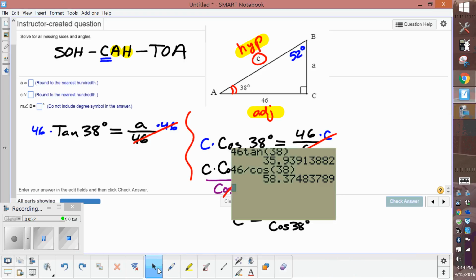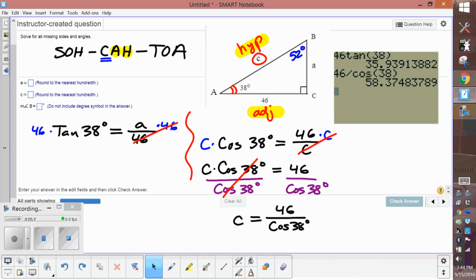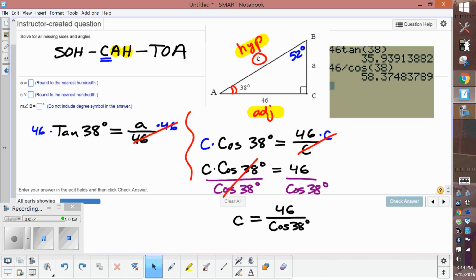I am going to move this over here because one thing where people make a lot of mistakes is rounding error. When I go to round, I notice over here that it says in the instructions, rounded to the nearest hundredth. That means I need 2 decimal places.